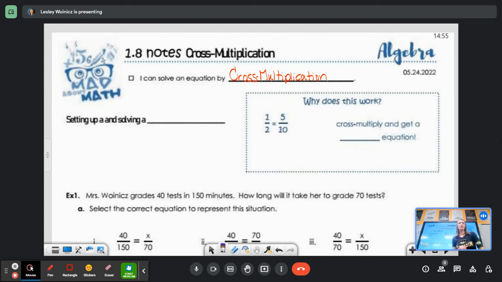First we need to set up and solve a proportion. Have you guys heard that word before? Proportion? Yes. It's basically just two fractions set equal to each other.